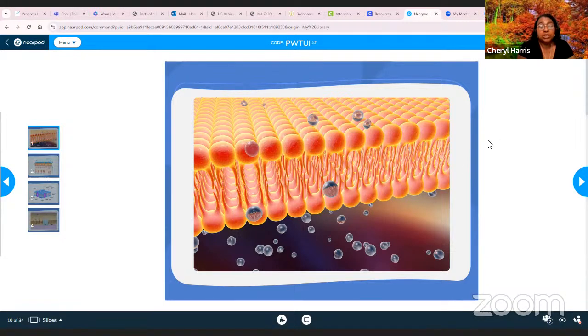What else do you see in this picture? Water bubbles, good. And what are these water bubbles doing?